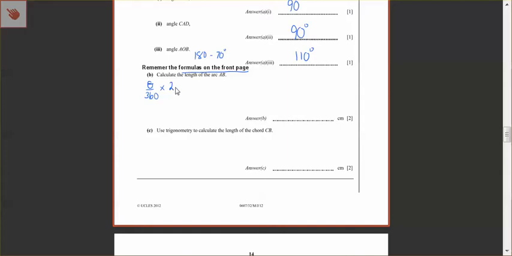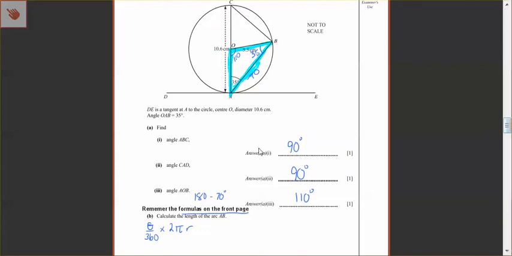The formula for the circumference is 2 pi r. Do you remember seeing that one? It's a hard one, we didn't do it a lot. So the arc length A to B is the length of this arc here. And the angle is the 110.